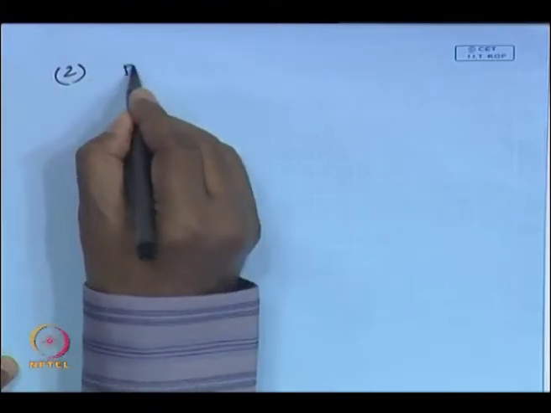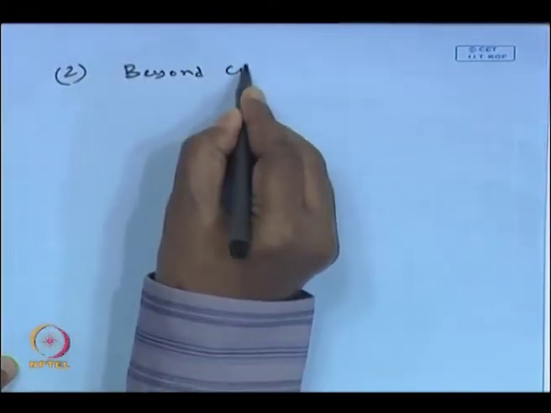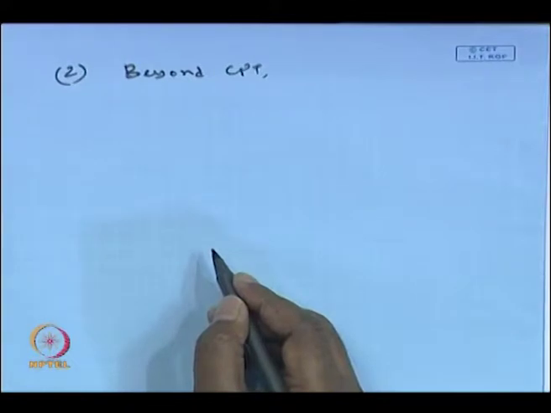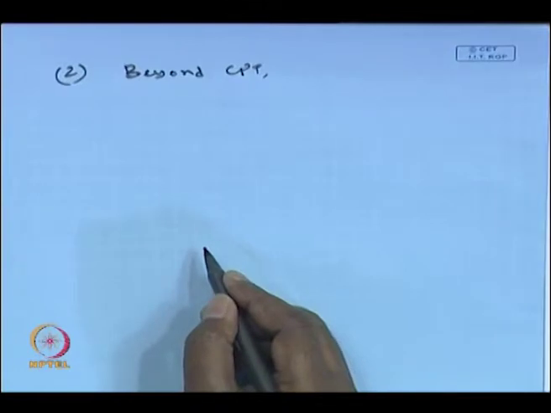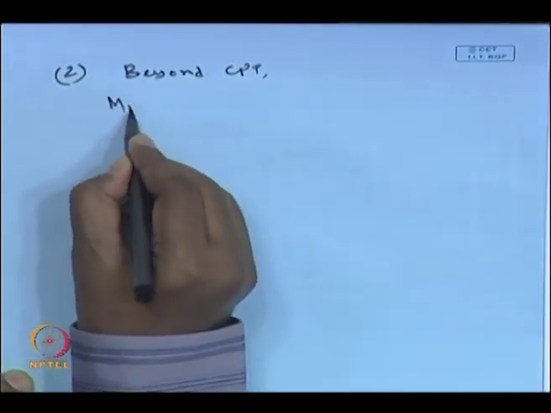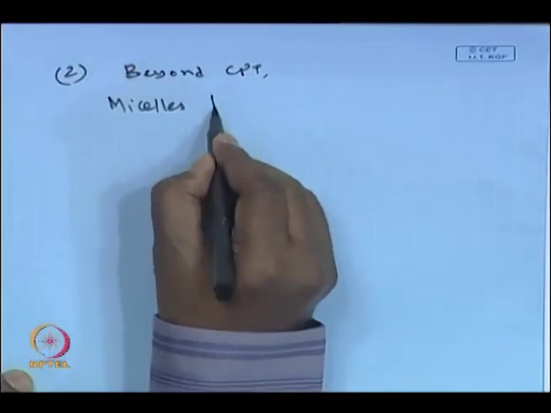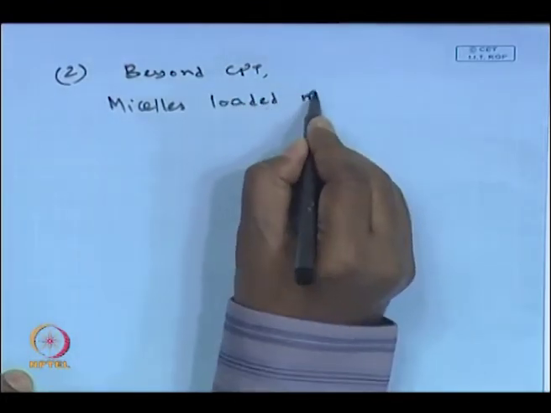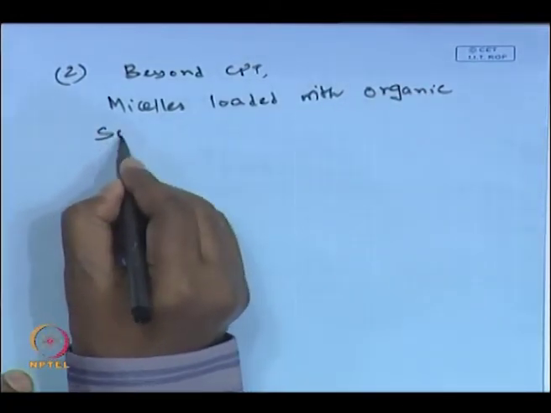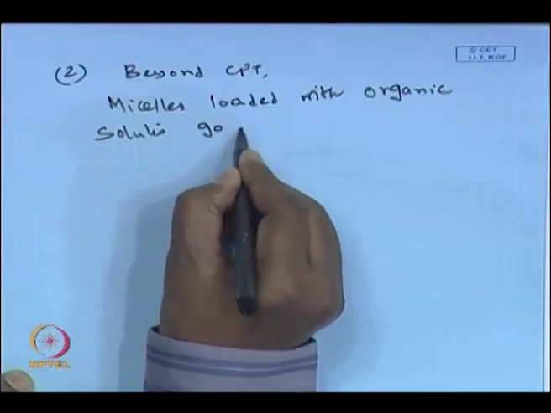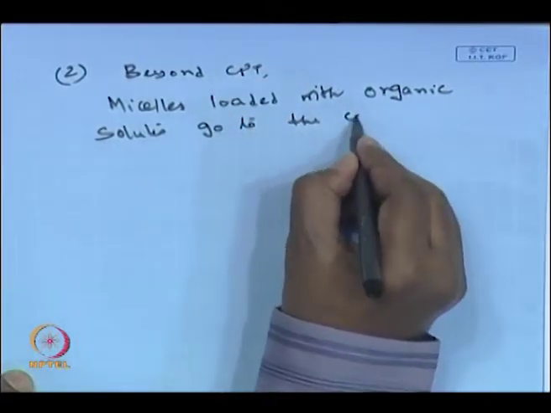If you go beyond the cloud point temperature, these micelles, which are loaded with the organic solutes, will be separated into the coacervate phase. Phase separation occurs, and micelles loaded with organic solutes go to the coacervate phase.